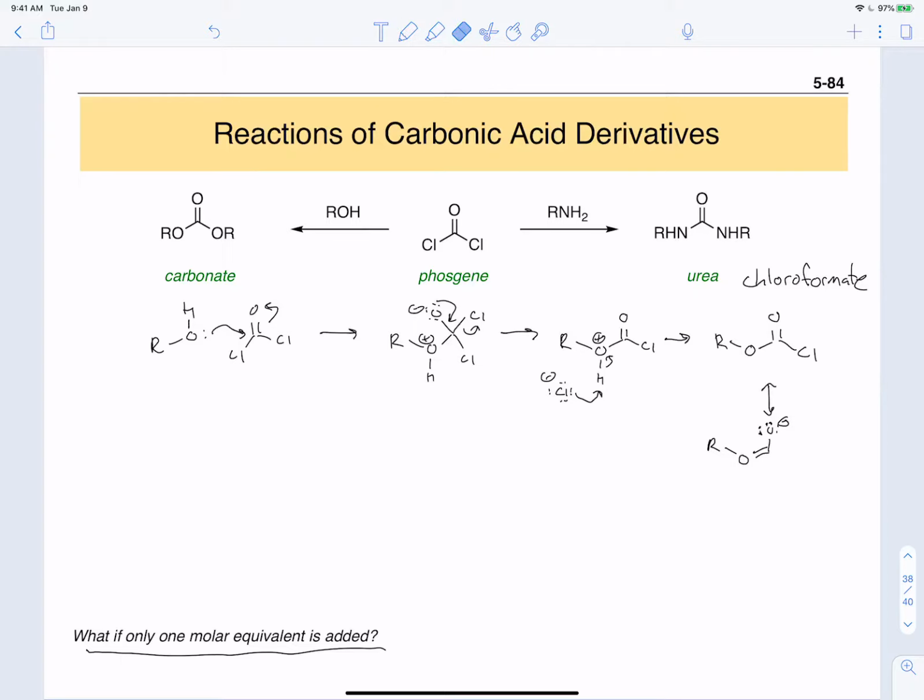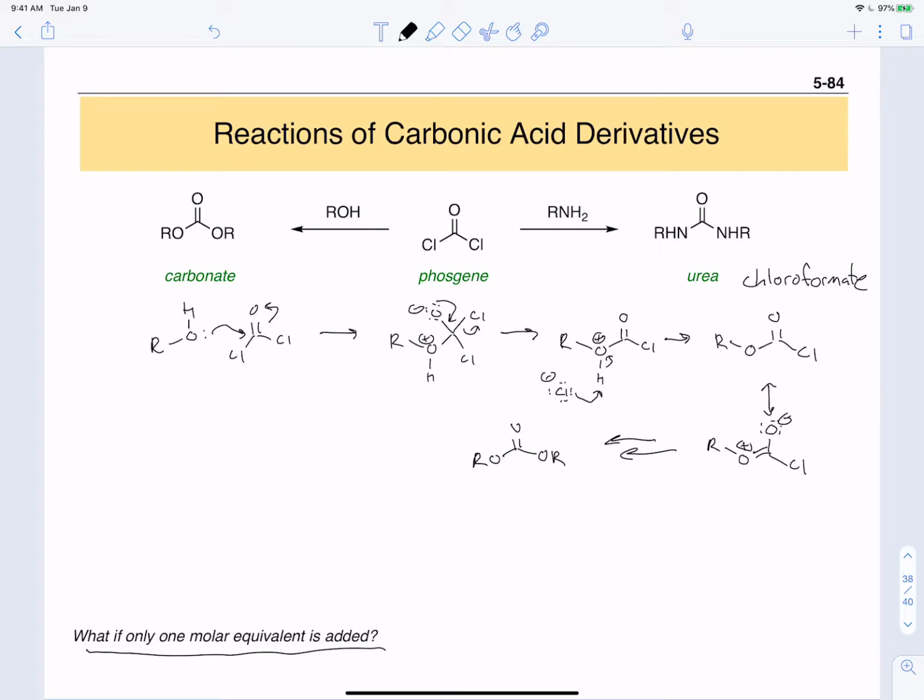It has a resonance isomer that will stabilize the chloroformate. And we can imagine still another addition of alcohol with proton transfers. So I'll just draw two arrows to give us some sort of symmetrical carbonate. If you added a single equivalent first, you'd get mostly a chloroformate. Then you could add a second alcohol next if you wanted to make something unsymmetrical.